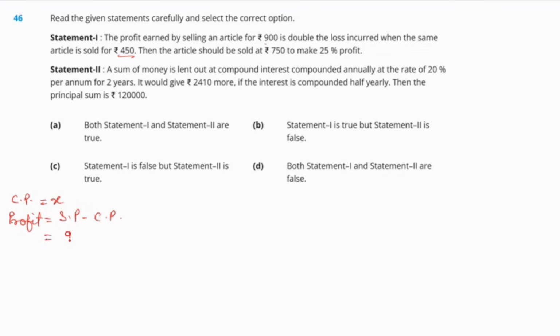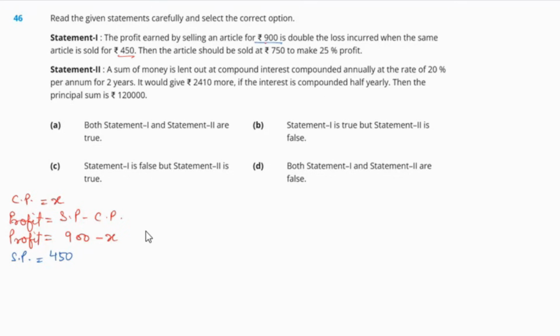And SP, according to the first situation, is 900, and CP is X. So the profit we are getting is 900 minus X. Now according to the second situation, when the person is selling the article for 450 rupees, the loss he is bearing is double the profit he is getting on that.